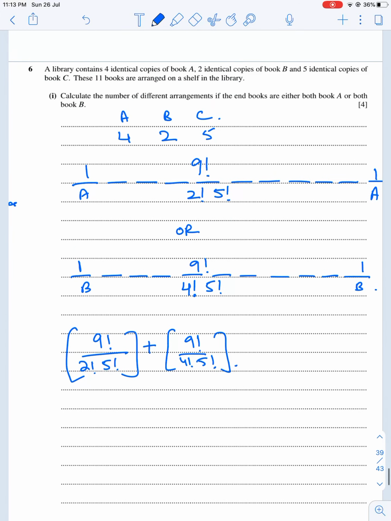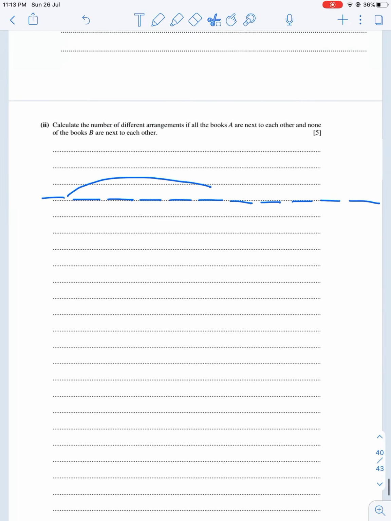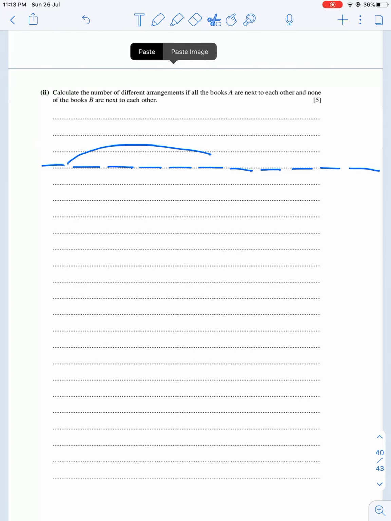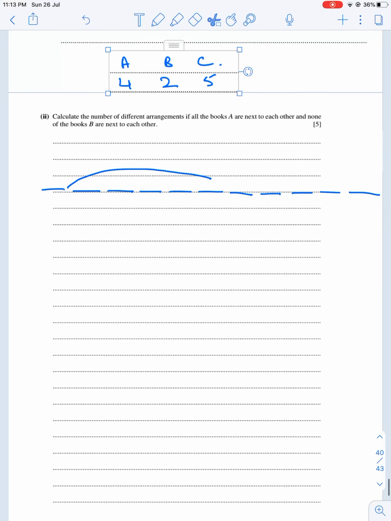I'm just copying this here. Okay, we've got 4 books. You want all the A's to be together. That means you're going to put 4 dashes. They have to be together, and none of the B's to be together. I'm going to put the 2 B's to be. Okay, not in this case.